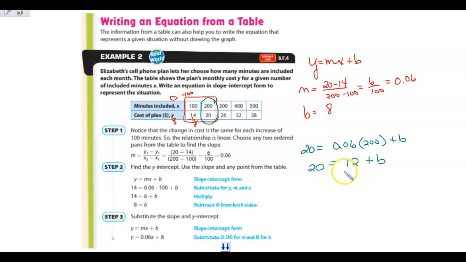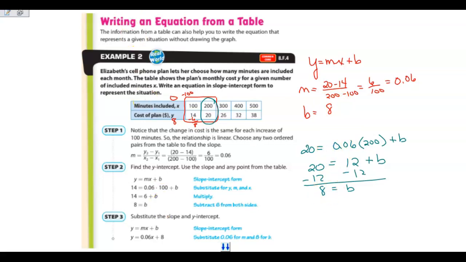And then I can subtract 12 from both sides. And that gives me 8. So see here I have the same. Doesn't matter which way you go, as long as you can find the y-intercept.